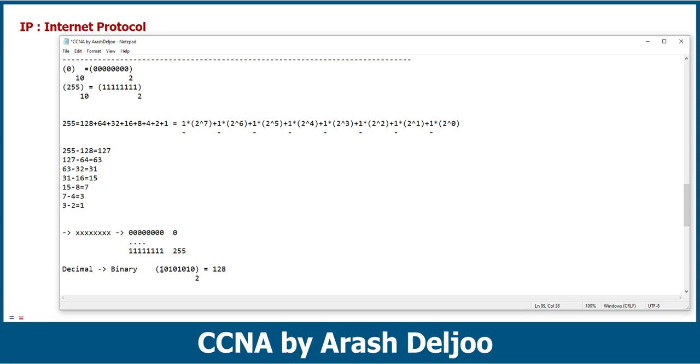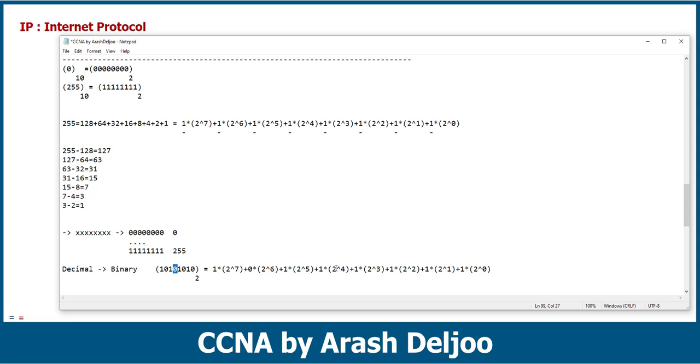You know that this means 1 multiplied by 2 to the power of 7. After that we have 0 multiplied by 2 to the power of 6, and then we have 1 multiplied by 2 to the power of 5.